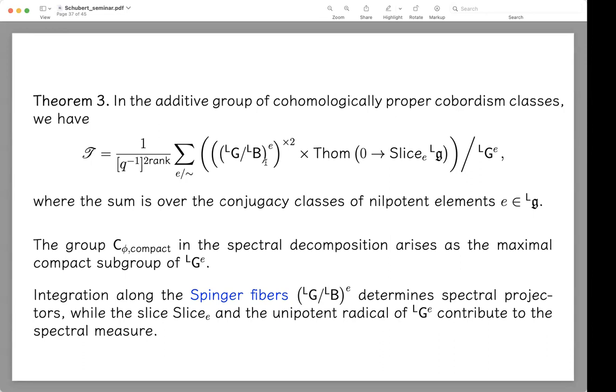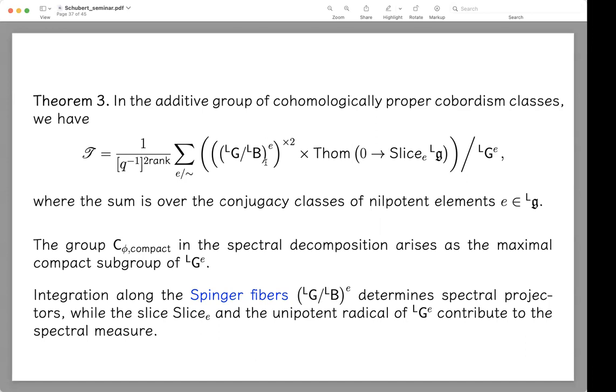You get the Thom space of the embedding of 0 into the slice at the corresponding point of your dual Lie algebra. That's just a linear space, so it's a Thom space of embedding a point into a vector space. And then you take the quotient by the centralizer. This is more or less obvious if you think about it again in terms of the Springer resolution.